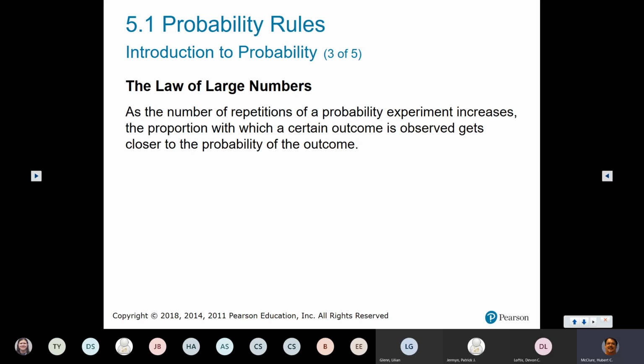Okay, write this down, law of large numbers. I need you to write that down because that is a standardized test question, as well as it's very important that you understand the law of large numbers. So write that down.